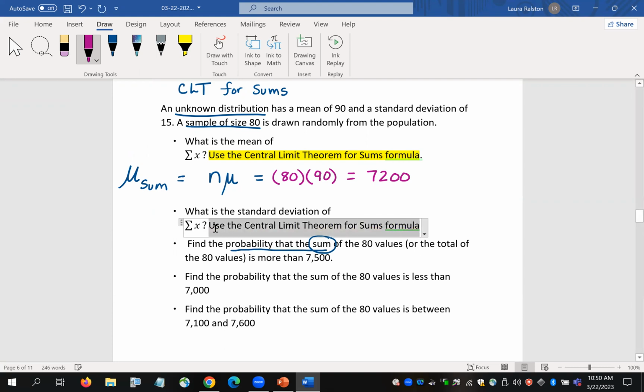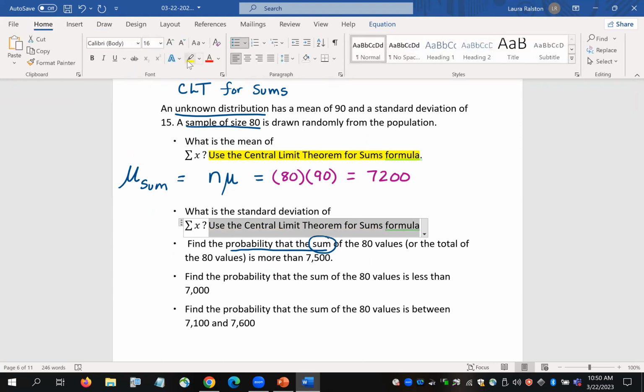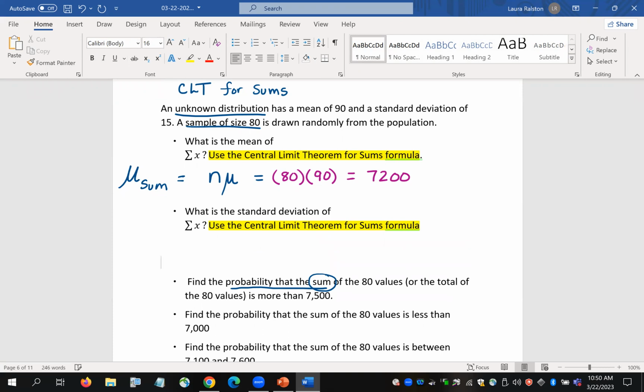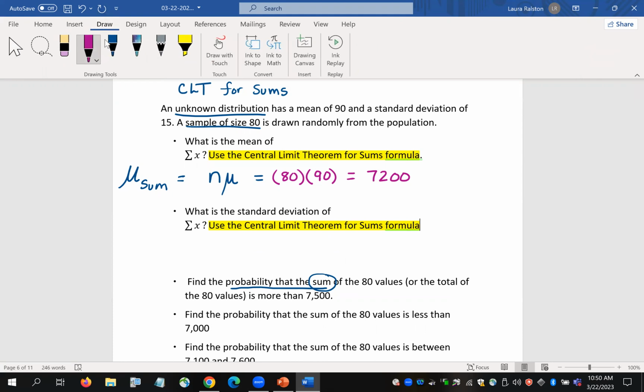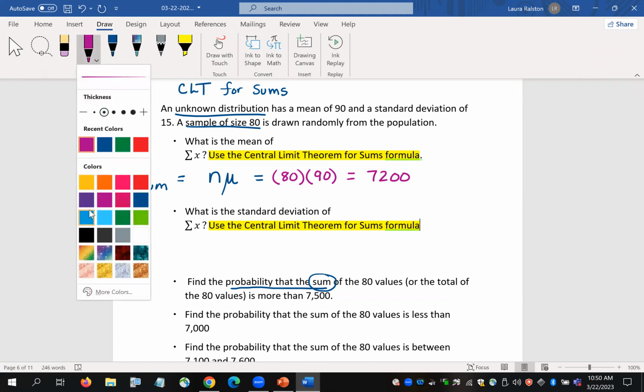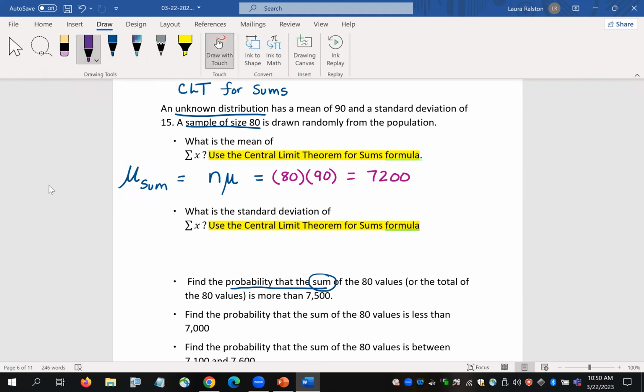Again, it tells you here when you're thinking about the standard deviation of the sum, it's telling you to use that formula. But again, I've already given you clues on how to decide what to use if you had to. The formula for the standard deviation of the sum is the original standard deviation times the square root of the sample size.